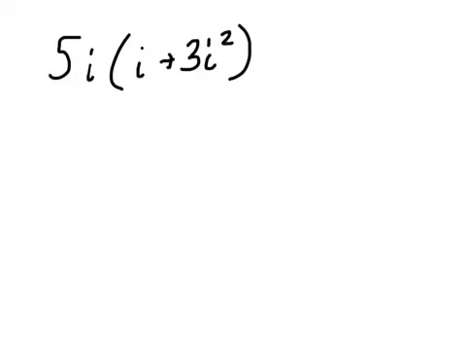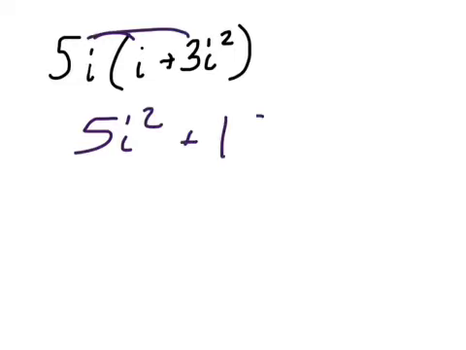Here's an example that's just a bit more complex. Again, we're going to distribute, so 5i times i, that's 5i squared. 5i times 3i squared is a positive 15i cubed. Now what we're going to do is begin to simplify this in the same way we did in the previous lesson.